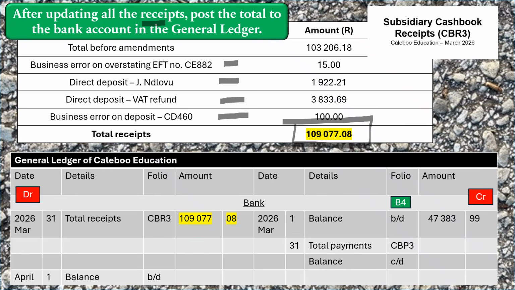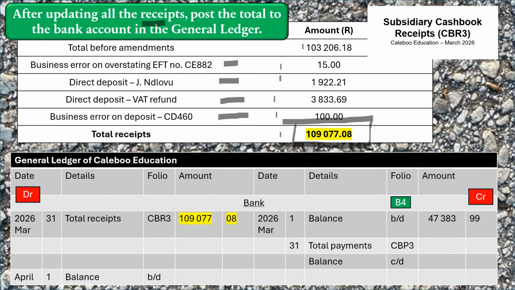We started before we were aware of all these items that were on the bank statement, and we added all those corrections or items we didn't know about, receipts, money that went directly into our bank account. We've dealt with all of those.